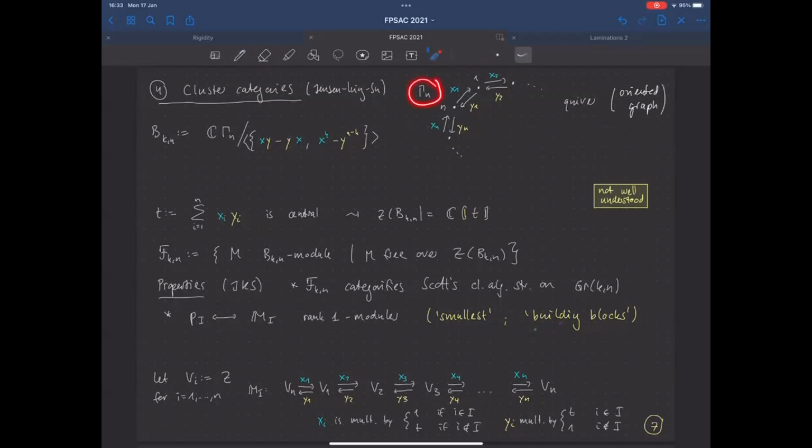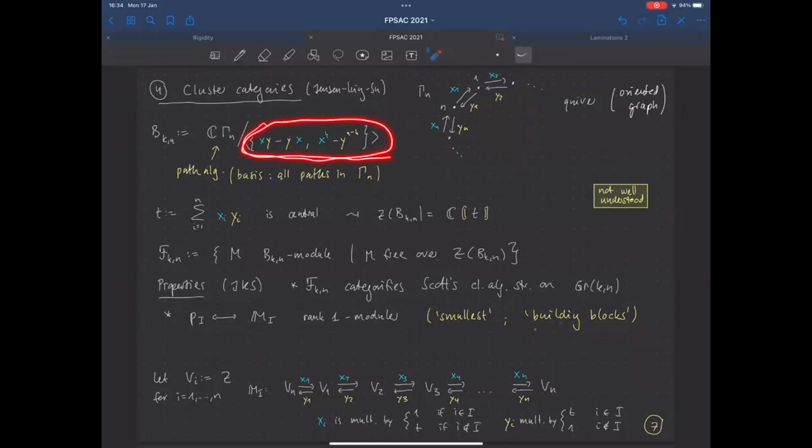Yeah, so that depends on n. And then I want to take as my algebra the path algebra of this graph, which has as a basis all possible paths in the quiver. I mean, the graph has a cycle, and in fact, there will be infinitely many paths. So this is an infinite dimensional algebra.